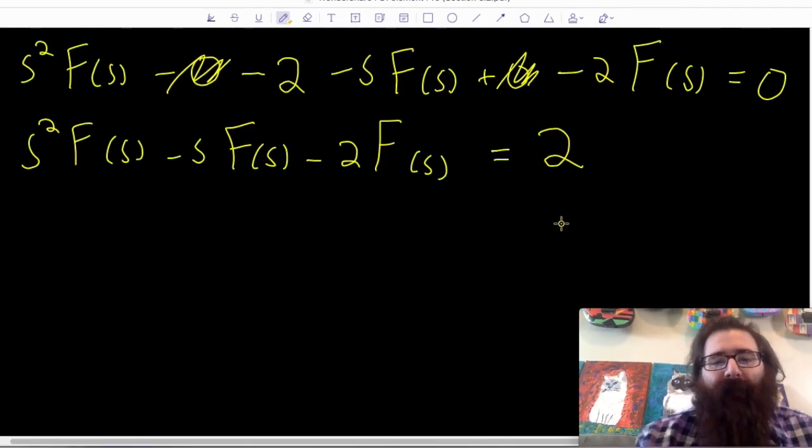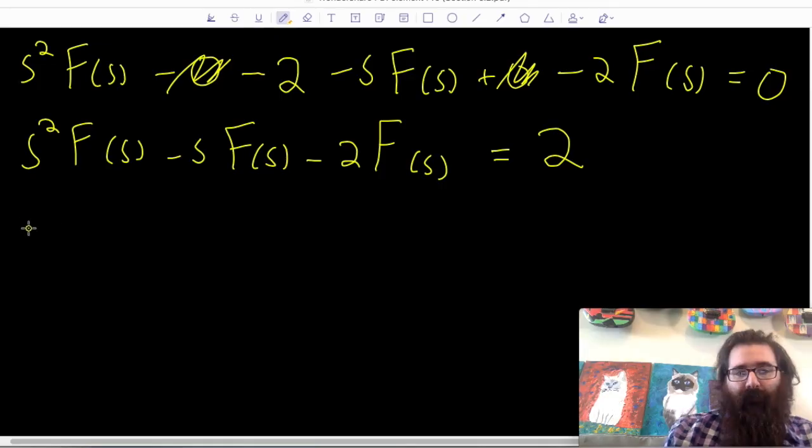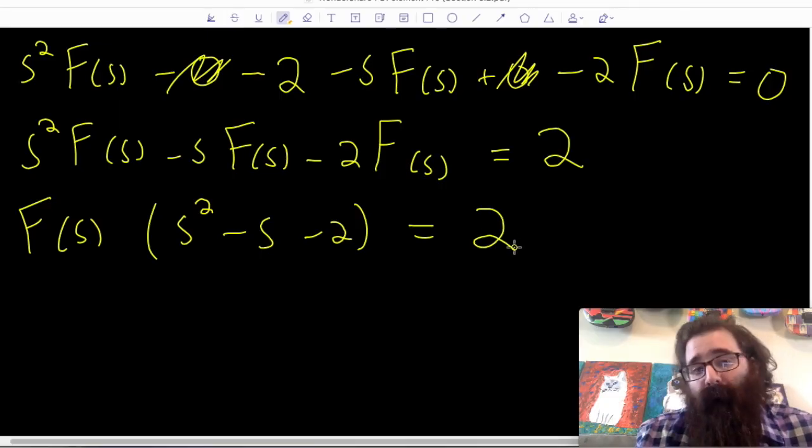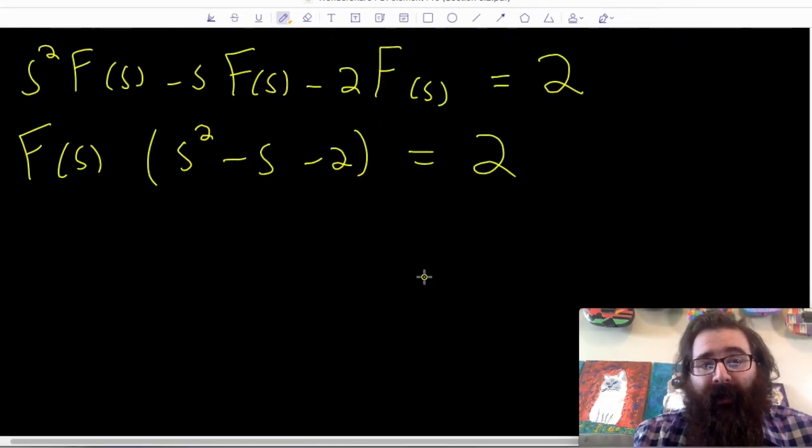Now I want to factor big F at s out on the left. And that leaves behind s squared minus s minus 2, and then equals 2. Okay, now we solve for big F at s.